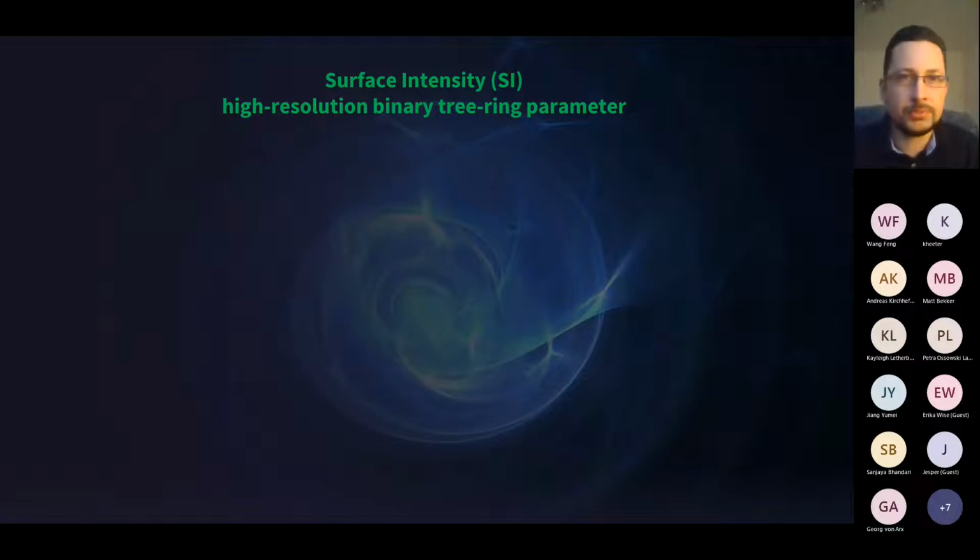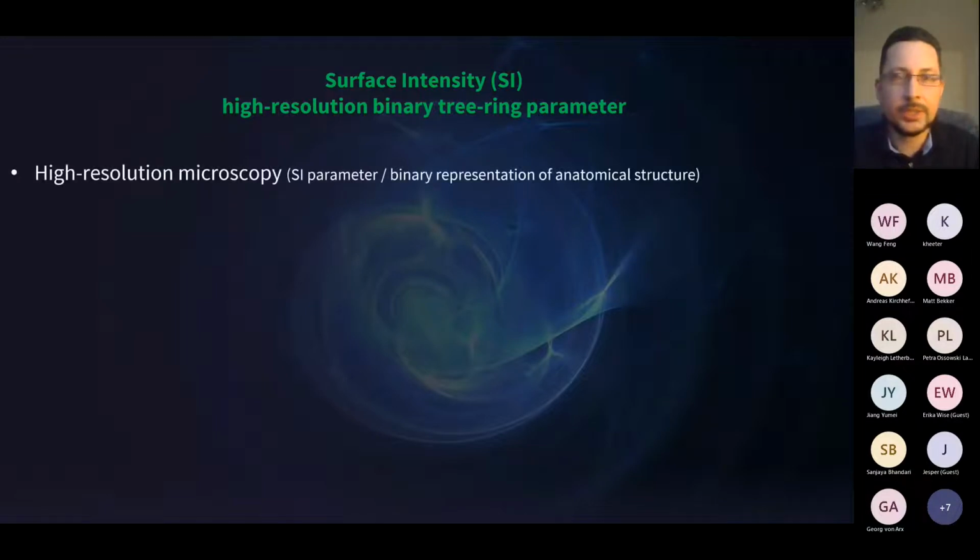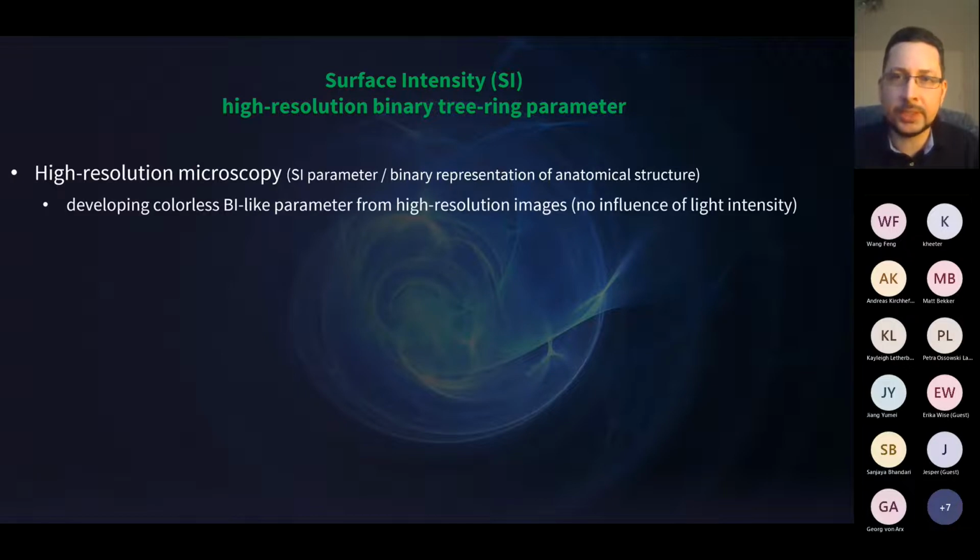Okay, so I'll just try to finish off here. This was a quick overview of the surface intensity, or high-resolution techniques, using binary segmentation of images to develop a blue intensity-like parameter by looking at the anatomical structure of the wood.